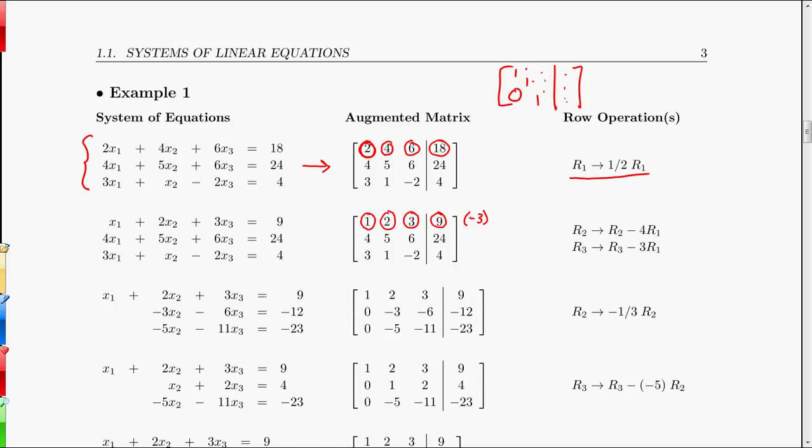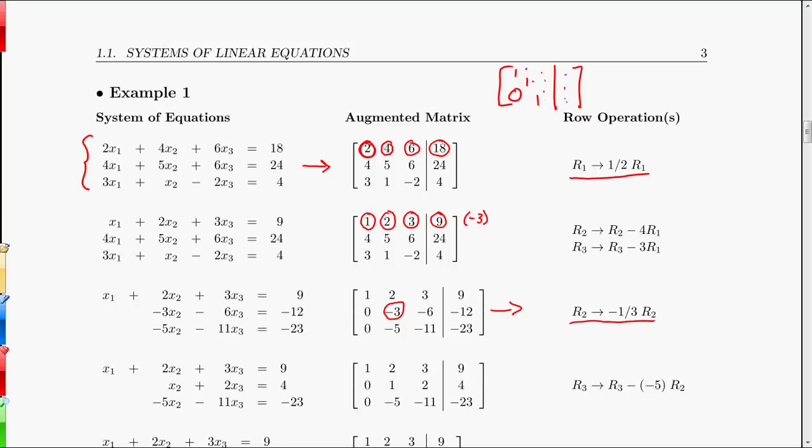I have my 1 in the top left position and zeros below it. So now I'm going to move to the right and down 1. And I look at this -3 here. And I want that to be a 1. So I'm going to take this row and multiply it by -1/3, or divide it by -3, whichever one.